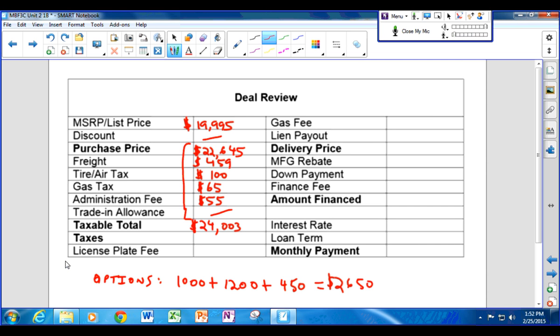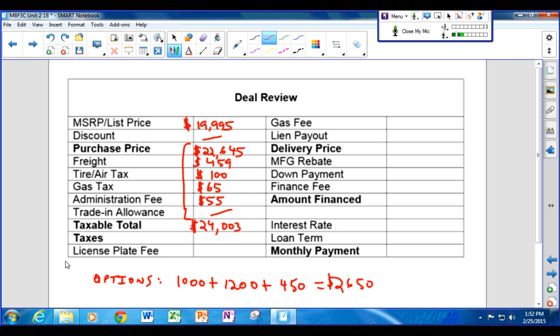And so this is lesson 10. Okay, well, I got different numbers here. 22,645. Oh, purchase price. Huh. Okay, 22,645, 459, 100, 65, 55. Taxable total.